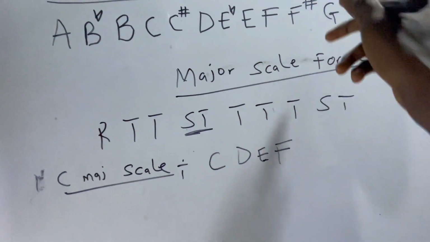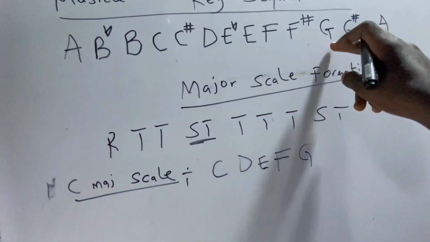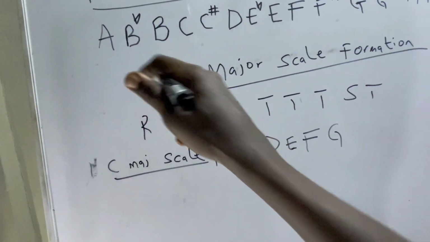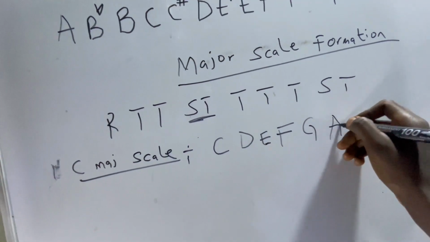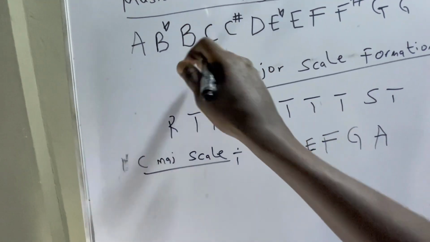So from F, our tone is G. From G, we move another tone, which is A. From A, we move another tone, which is B.